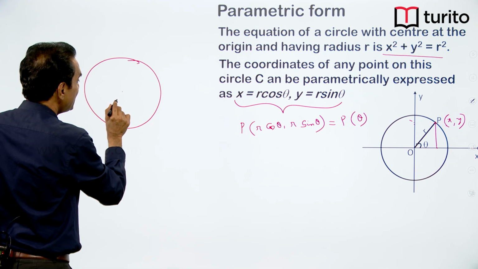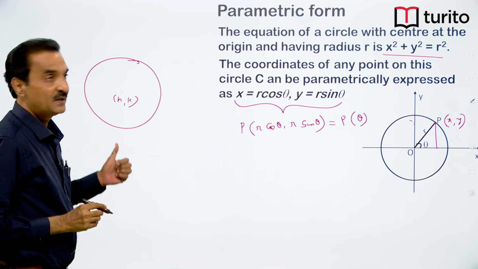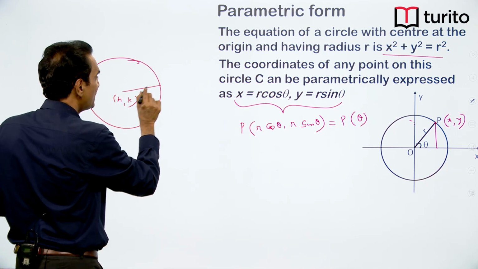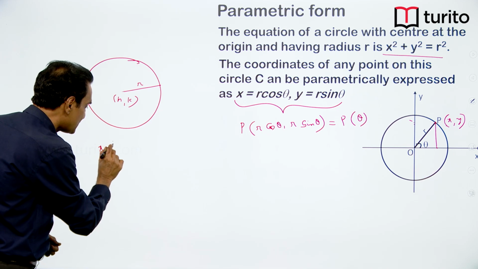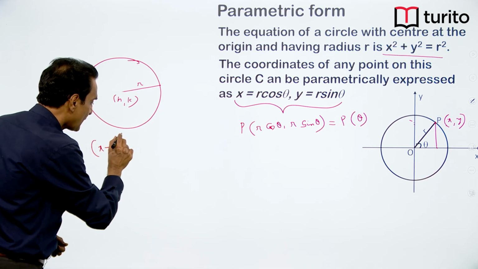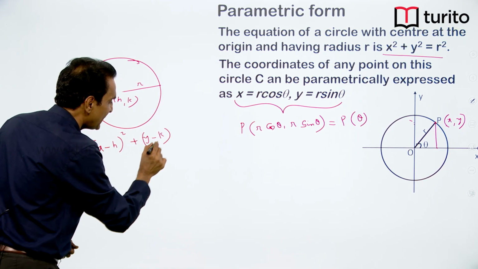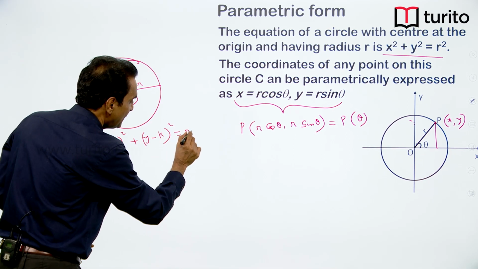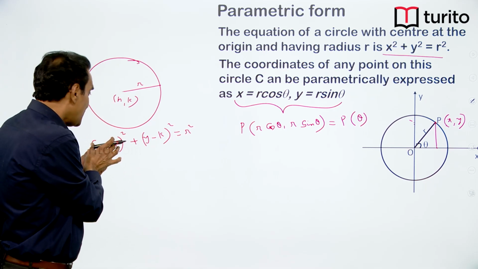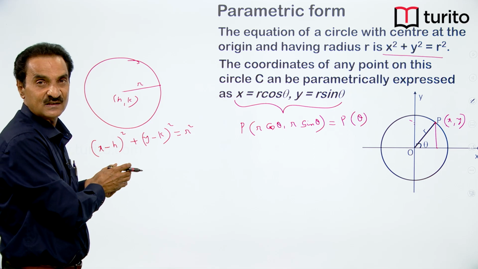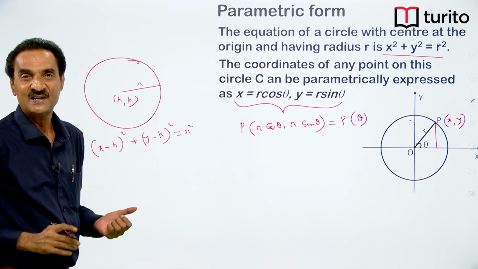the center of the circle is h comma k and radius is r, equation of the circle is x minus h whole square plus y minus k whole square is equal to r square. Now you can take x minus h as r cos theta and y minus k as r sin theta, the equation will be satisfied.